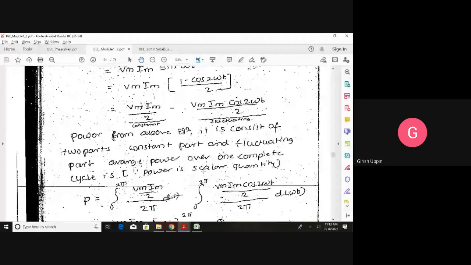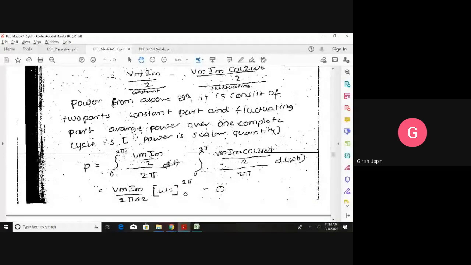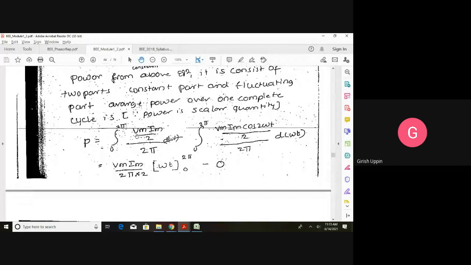If we take the average power over a complete cycle, then we will come to know the total power consumed. In order to find the average power, we will integrate from 0 to 2 pi. Why 0 to 2 pi? That is one cycle. We will integrate the instantaneous power consumed from 0 to 2 pi and divide it by 2 pi, so that we get the average value.